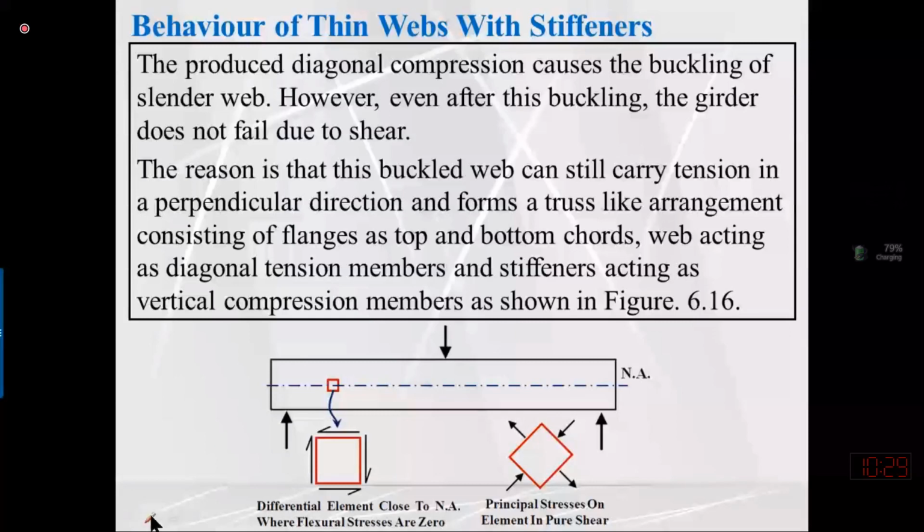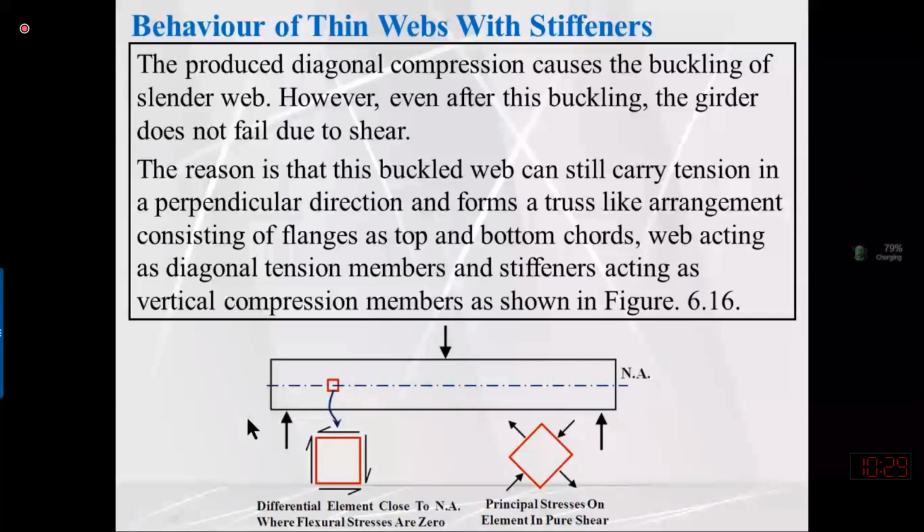So you know that if we are having any beam which is subjected to any type of load, the shear stresses will be maximum along the neutral axis, and they will also be maximum where the applied shear force is maximum.